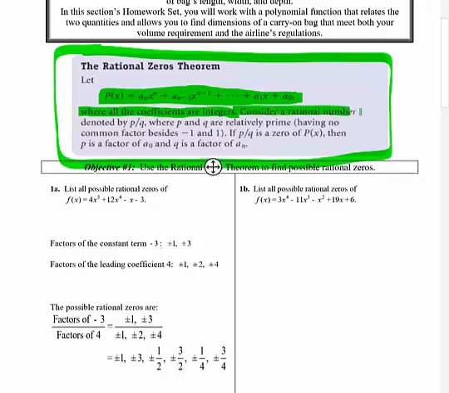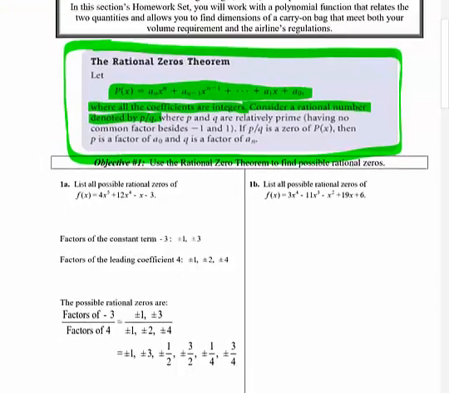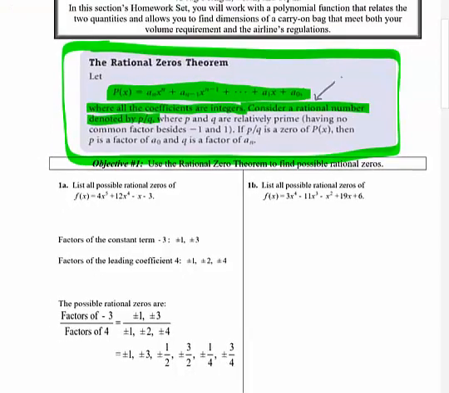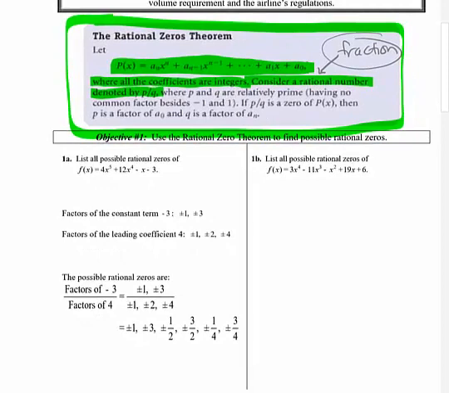And then consider a rational number denoted p over q. Basically, a rational number is a fraction, just so it doesn't sound like jargon. This is a fraction. Consider a rational number or a fraction p over q, where p and q are relatively prime. That just means they have no common factor besides -1 and 1. So pretty much that just means that p over q is not reducible.